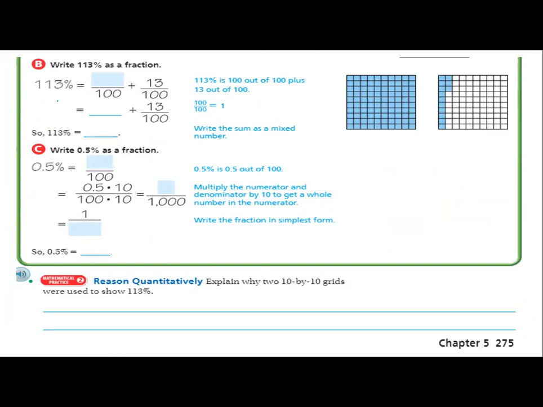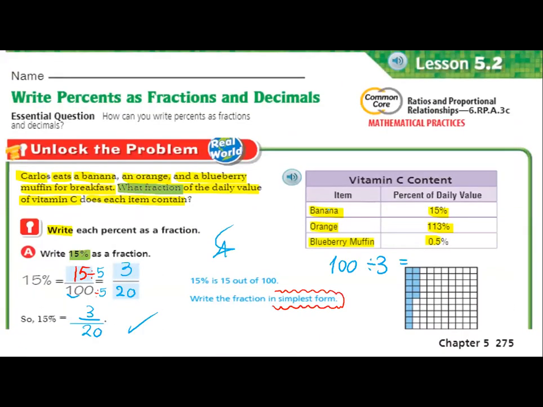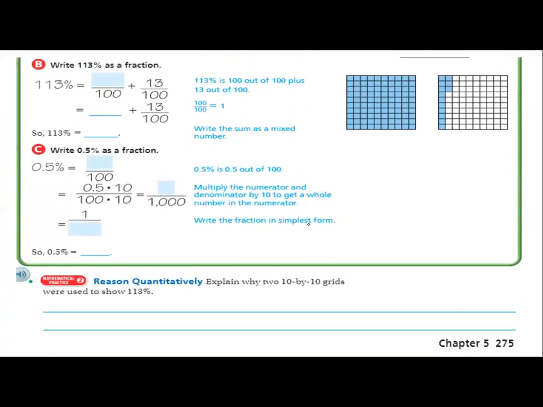Let's take the second item, the orange. 113%. Who can solve it with me? Muhammad Isam.